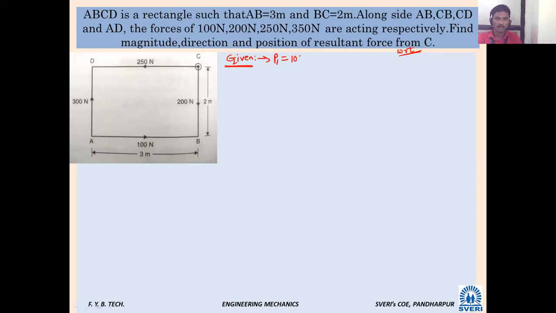Okay, you are saying 100, maybe from the problem statement. Next one is 100. P2 is 200. Next 250. And P4, 350 or 300 Newton?